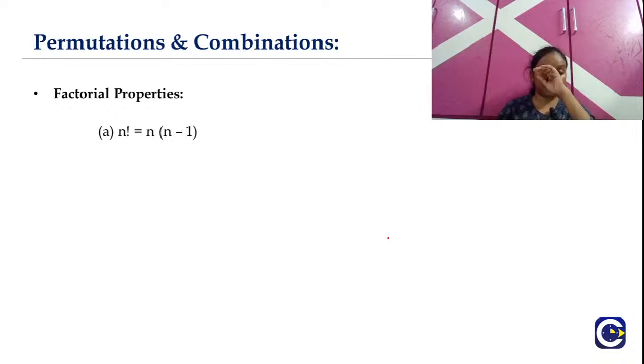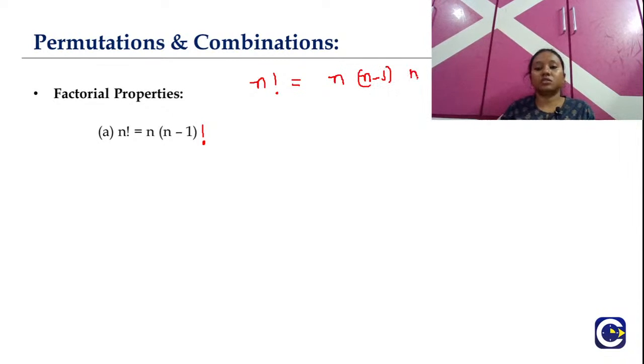So when we have n factorial, what is the expansion of this n factorial, which we have seen just now? This can be written as n into n minus 1 into n minus 2 into n minus 3 and so on until 3 into 2 into 1.